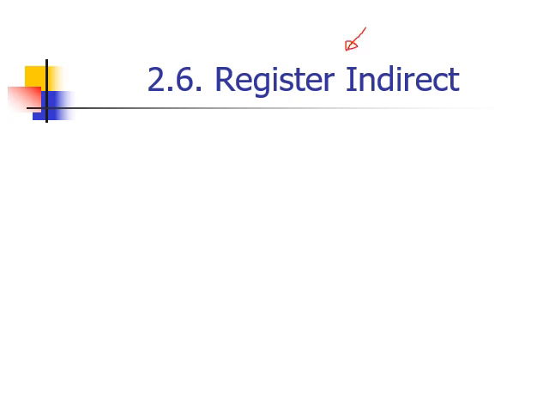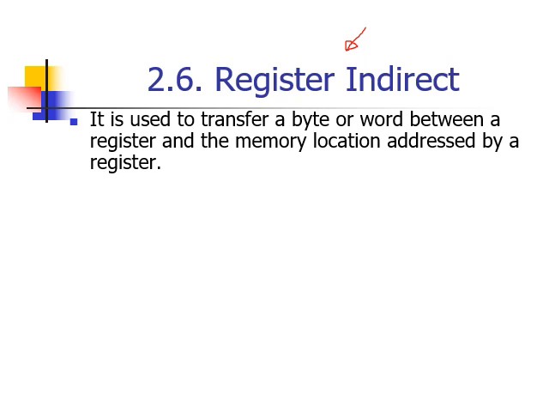Okay, another addressing mode is the register indirect. What this mode does, it takes a byte or a word between a register and a memory location. But now this memory location has an address, and the address is given inside another register. So you don't go to the memory location by a label or directly.